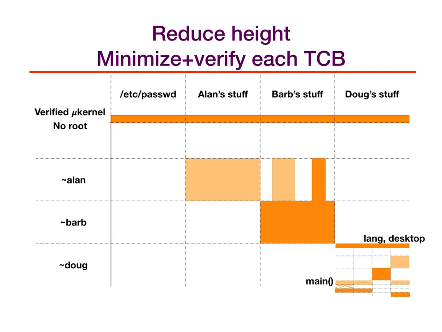And the TCB at each level, the operating system at the outer level, the language and the desktop at the next level down, by minimizing them, by going to microkernels and simpler languages, and then by applying verification, we can increase our confidence that they're correct, which is to say, lower the probability of exploitable vulnerabilities that we don't know about.